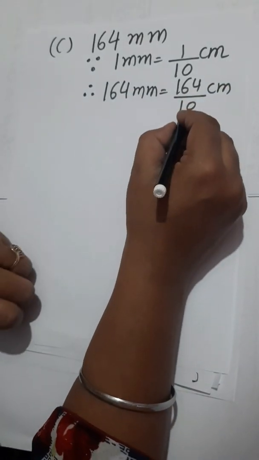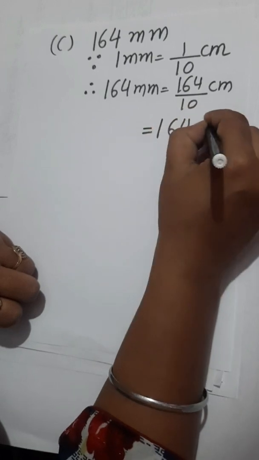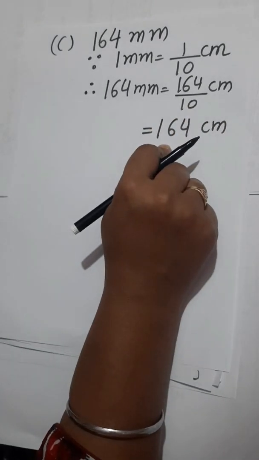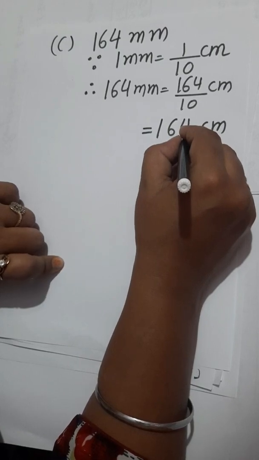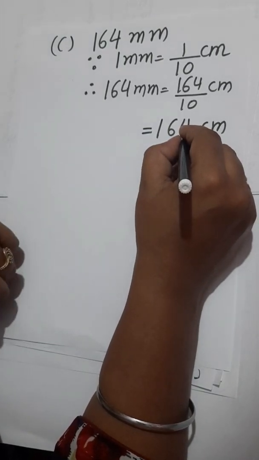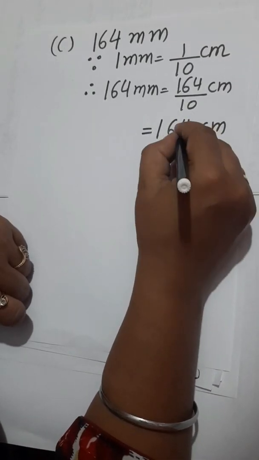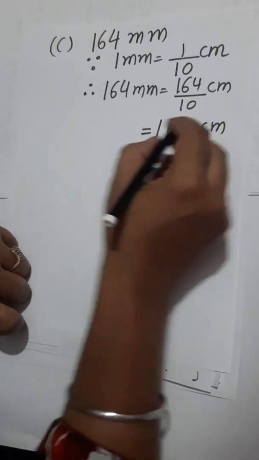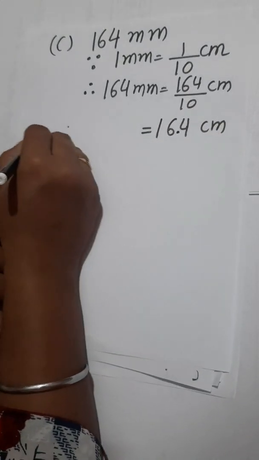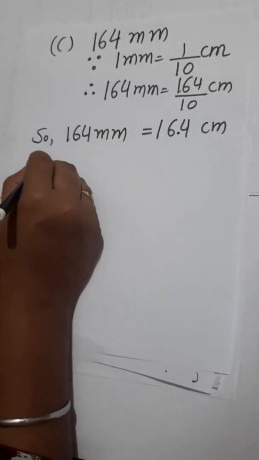Now in this case we have 1 zero in the denominator, so firstly I will write the number which is in the numerator. Before one digit you have to put the decimal, so 164 millimeter is equal to 16.4 centimeter.